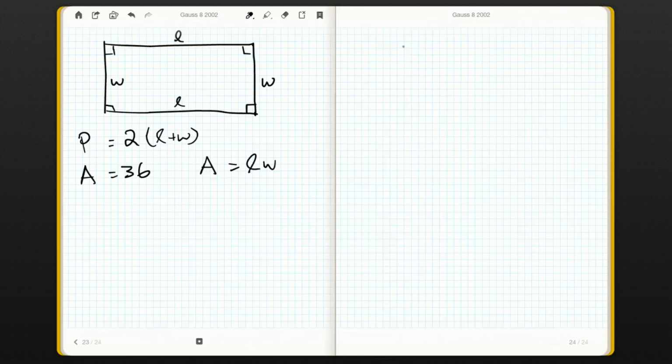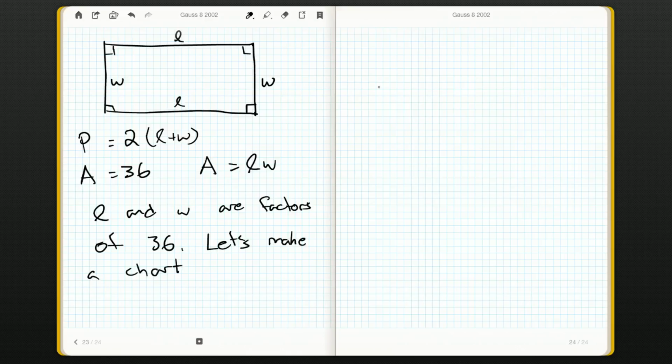Okay. So what we're going to do is make a little chart. First of all, these are factors of 36. So L, we'll get our factors of 36. So 1, 2, 3, 4, 5 is not a factor, but 6 certainly is.